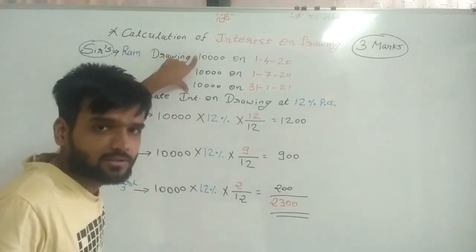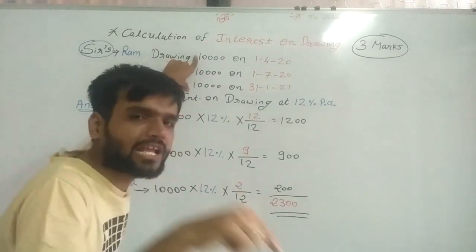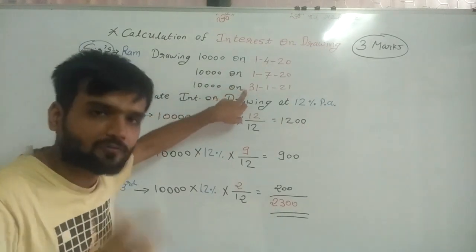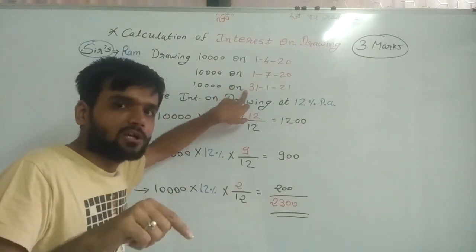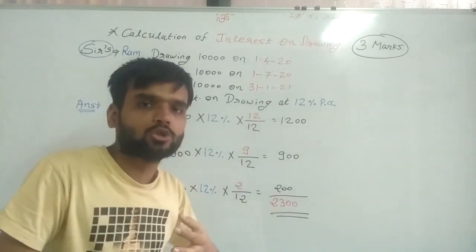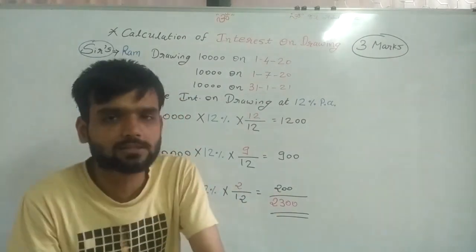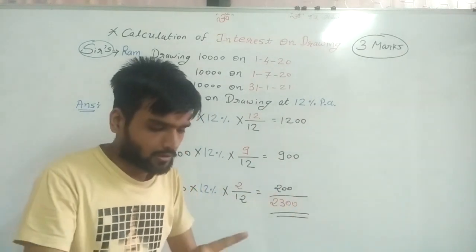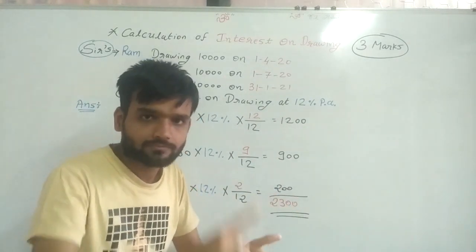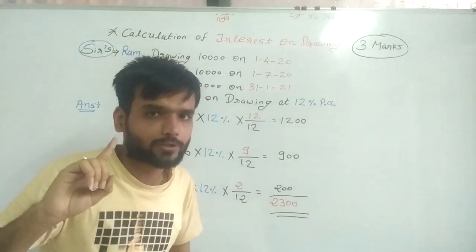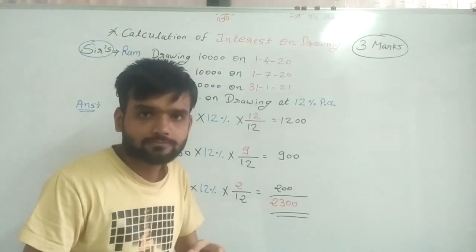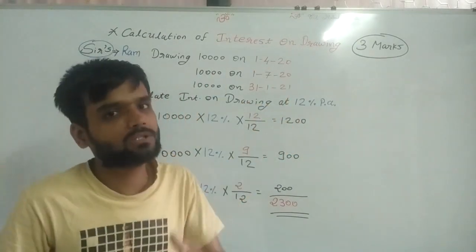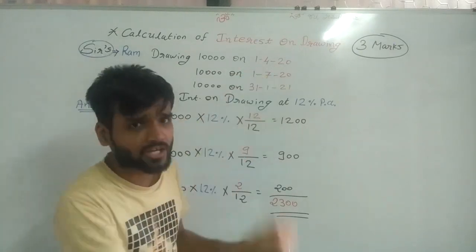for these 3 drawings we need to calculate interest 3 times because the dates are different, so the number of months for interest is also calculated on a different basis. In the last sum we saw that for first Ram 12 months interest was calculated, Shyam 9 months and Ghanshyam 6 months, because the dates were different.